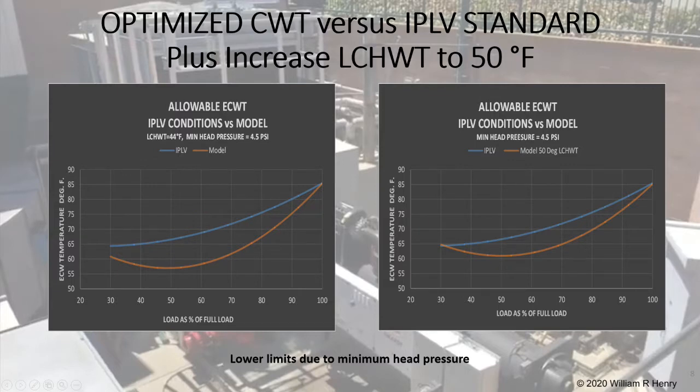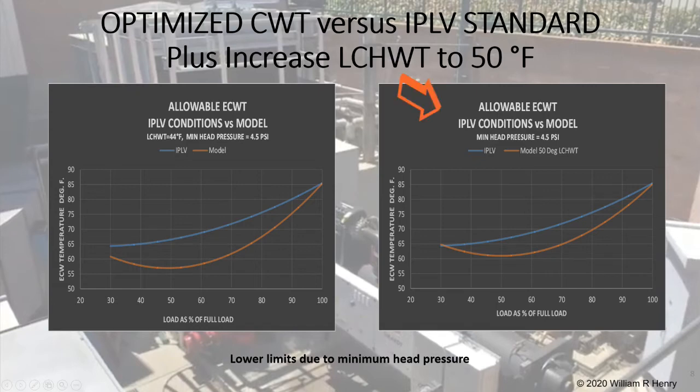This set of curves compare the AHRI 550 profile with the 400-ton chiller. The upper or blue curve represents the AHRI 550 profile, and the lower red curve represents the profile for the 400-ton chiller. In the first chart, the leaving chilled water temperature is 44 degrees Fahrenheit for both profiles, AHRI and the chiller.